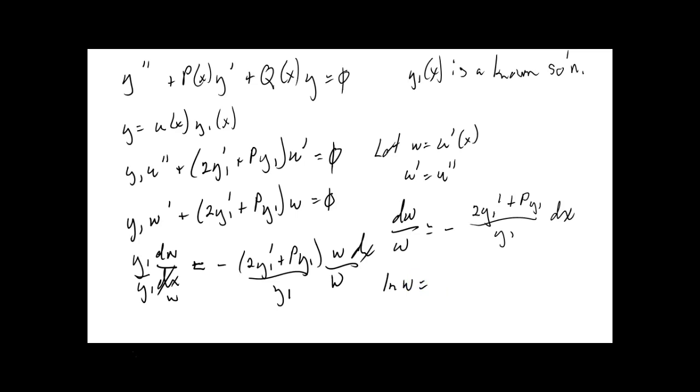Now, I was starting to do it, but I hesitated, but I'm going to, let me go on and do this. Let's rewrite what this is. This is minus 2y1 prime over y1 plus p, because the y1's cancel out here. Let me put this as a minus p.